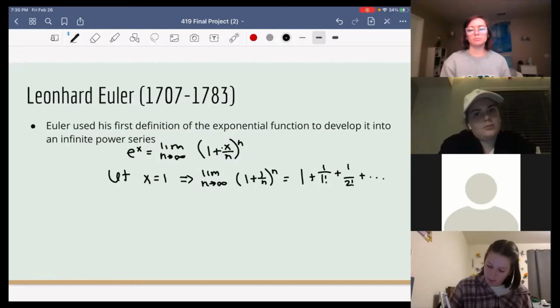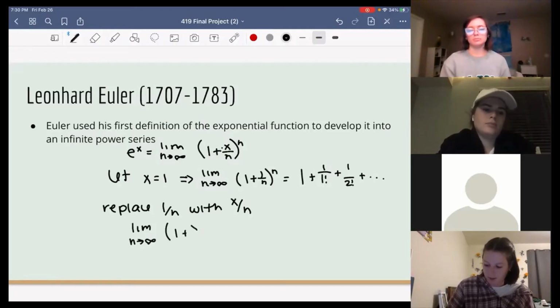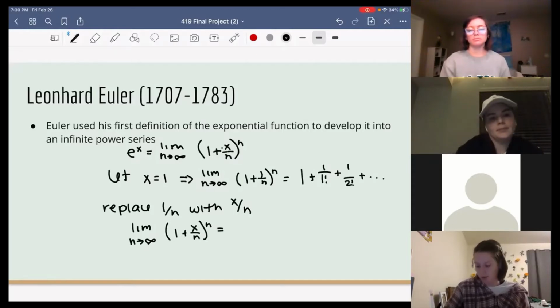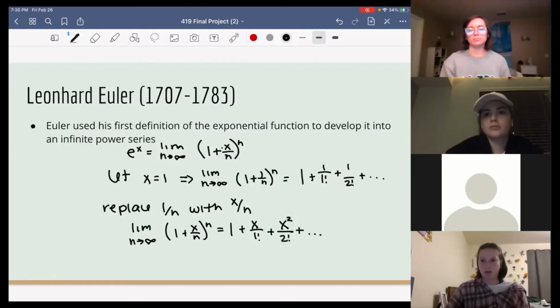And then he replaced 1 over n with x over n to develop a power series of the limit as n approaches infinity of 1 plus x over n to the n power being equal to 1 plus x over n, x squared, and so on and so forth.